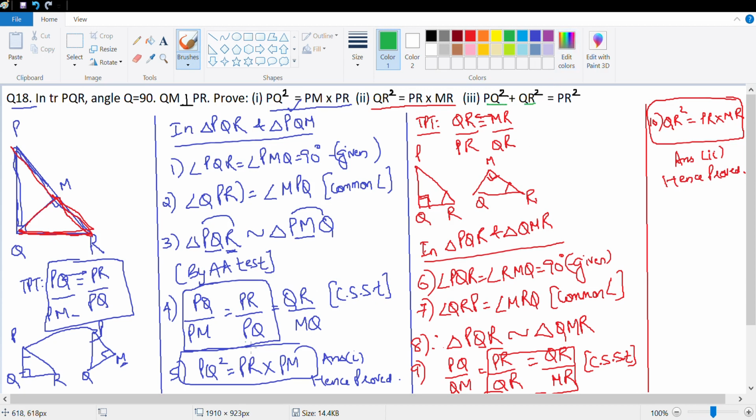That brings me to the last part of the question, which says PQ square plus QR square. Now in part number 5, I did PQ square, and in step number 10, I did QR square. Let's just add them.